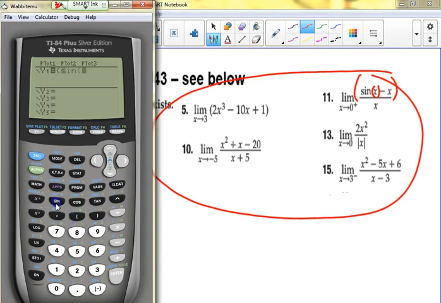So parentheses, sine, X, close parenthesis, minus X, close the top parenthesis, divided by X. Yikes. All right, I'm going to do a zoom trig. I didn't get a straight line.